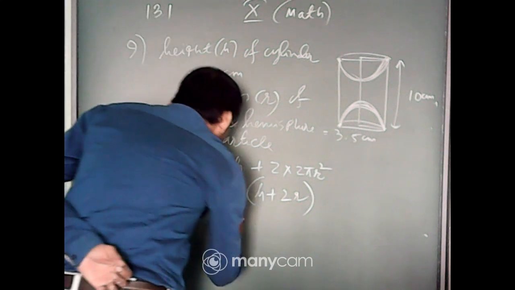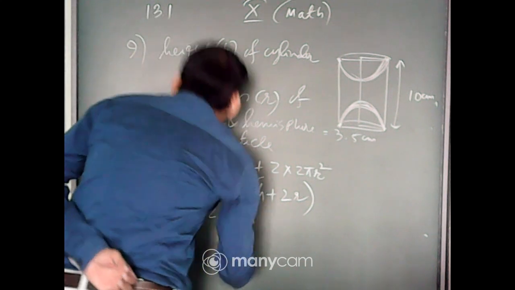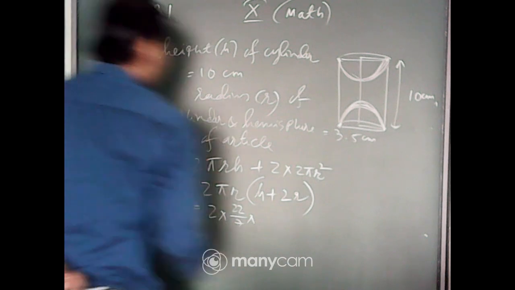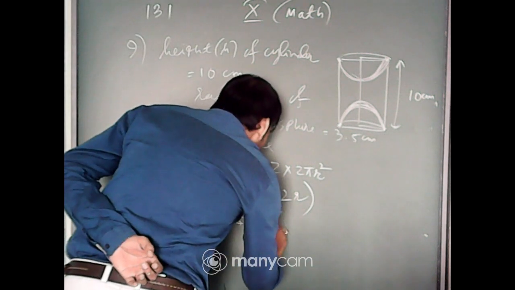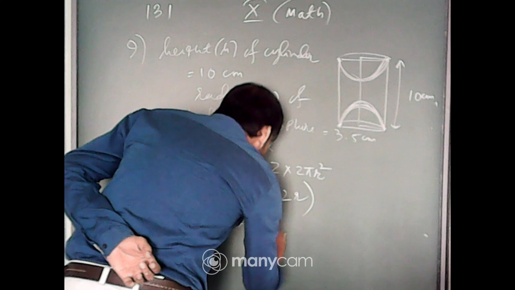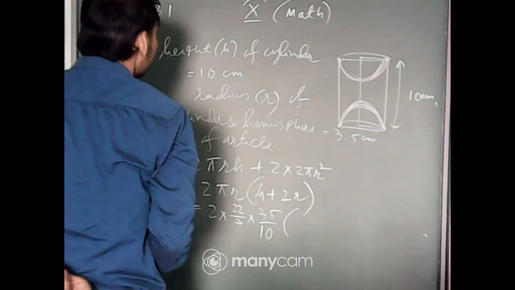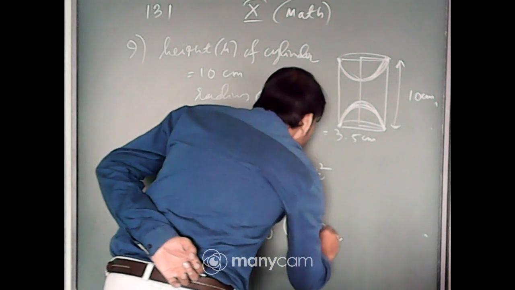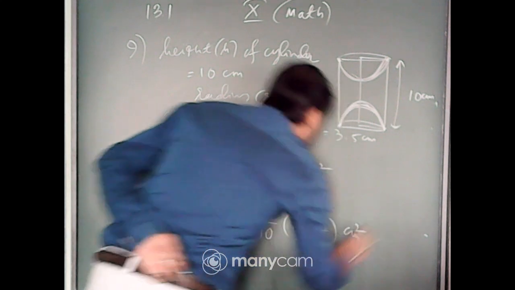Put the value: 2 into 22 by 7 into r means 3.5, so 35 by 10, within the bracket h means 10 plus 2r means 7 centimeter square.